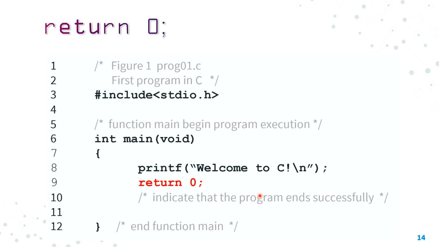It is commonly used in the main function. In C programs, return 0 is standard practice at the end of the main function to signal normal termination. So it basically marks the end of the program. Once return 0 is executed, the program stops running.